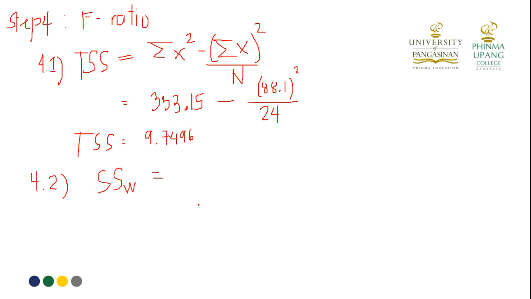Yung SSW is, tatawagin natin siyang sum of squares within. So, yung sum of squares within is summation of x sub 1 squared. Ang pinagkaiba niya dito, may x sub 1, tapos minus the summation of x sub 1 ulit, all over small letter n squared.